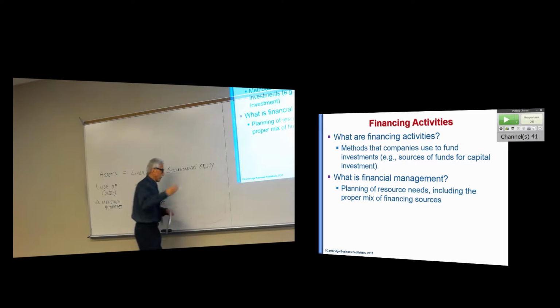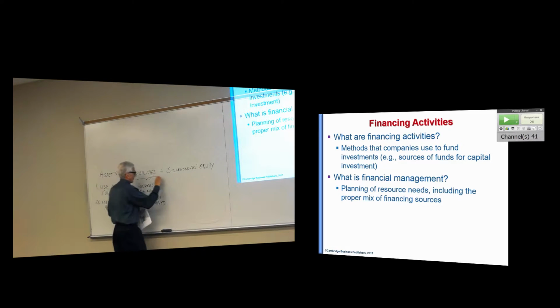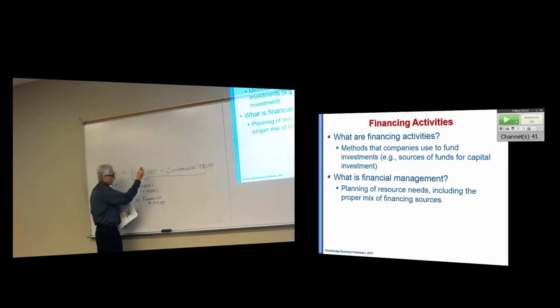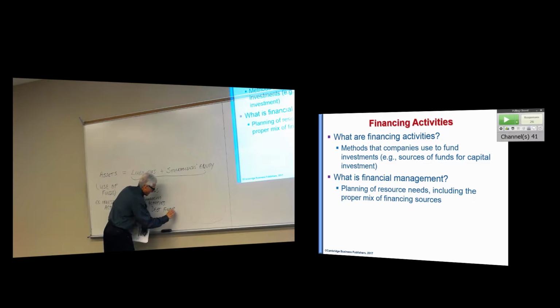And I'll show you the way the book does this in a minute. But liabilities and stockholders' equity, you have debt financing here, for example. And of course, equity financing. And what else?